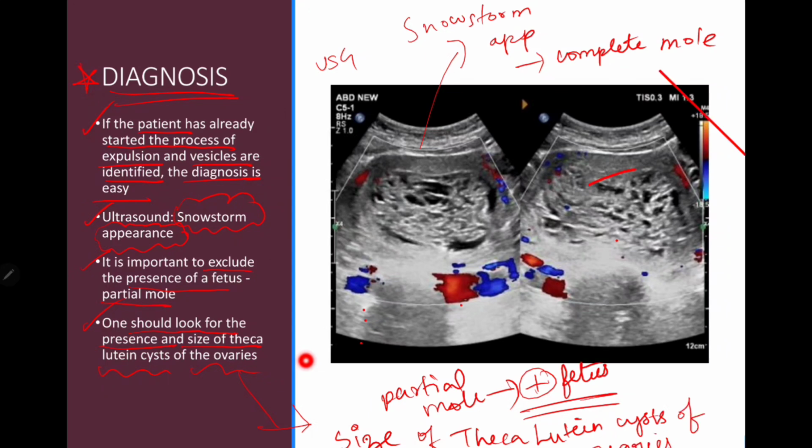So how are we going to make the diagnosis? First, we see if the patient has already started the process of expulsion and vesicles are identified, so that the diagnosis is easy. Do an ultrasound. If you see a snowstorm appearance, it is a hydatidiform mole, and it is very important to exclude a fetus, because if a fetus is present, it is going to be a partial mole. And one should look for the presence and size of theca lutein cysts of the ovaries.